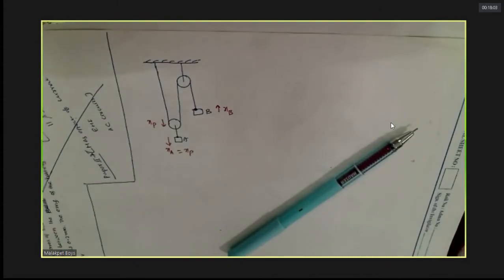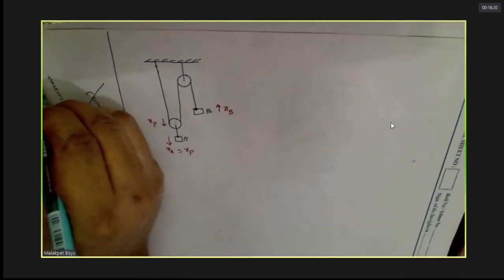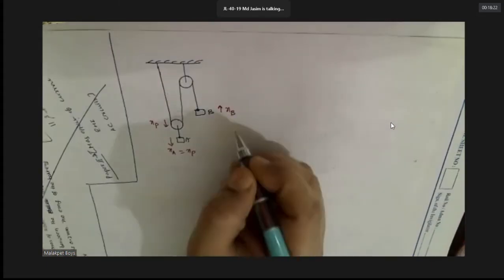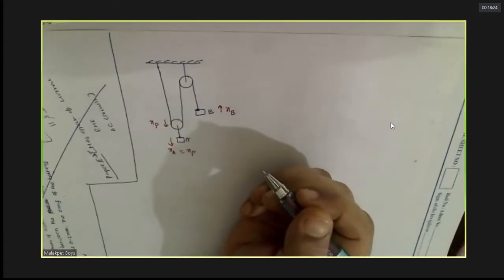You'll frame the equations, then draw the free body diagrams, then apply Newton's laws, then solve the equation. Finally, when you get the acceleration, if it is negative, it means it is opposite to our assumed direction. Understood? Clear? Yes, sir.